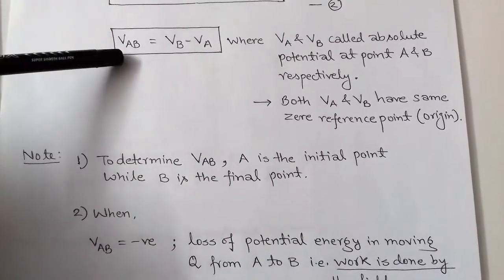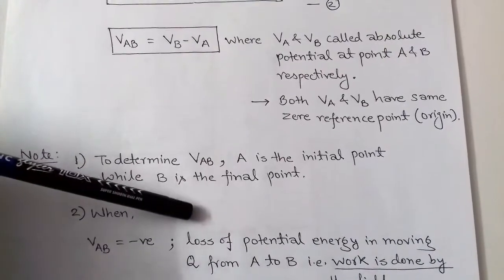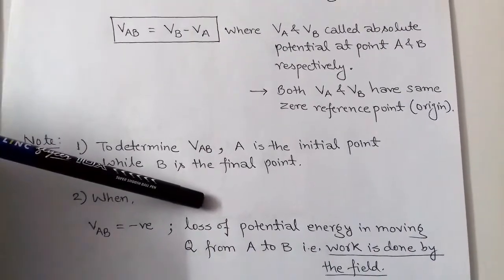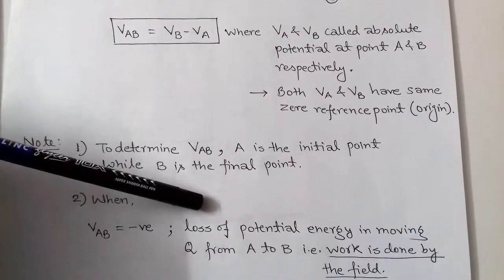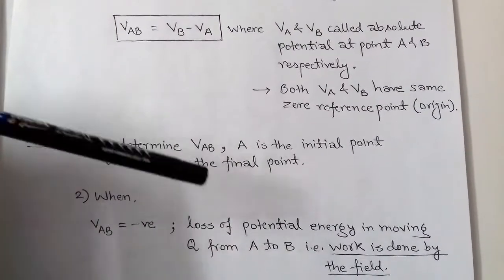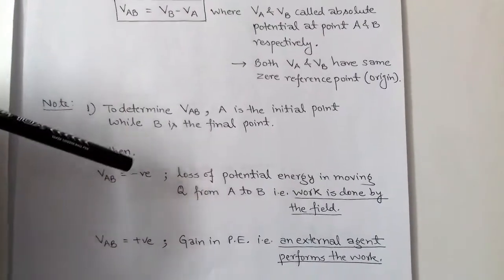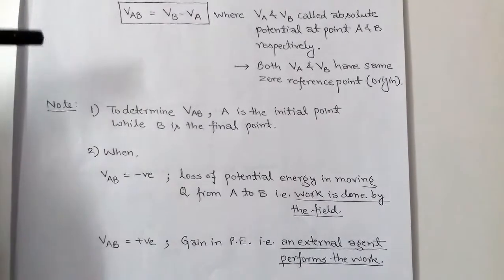Then only we get a negative potential. It means there is a loss of potential energy in moving charge Q from A to B. That is, work is done by the field. When the potential difference is negative, the work is done by the field.